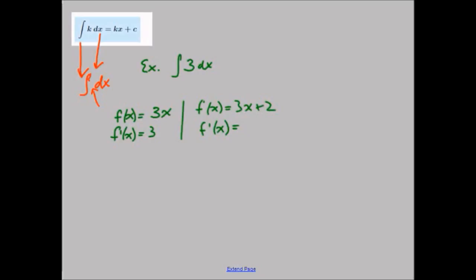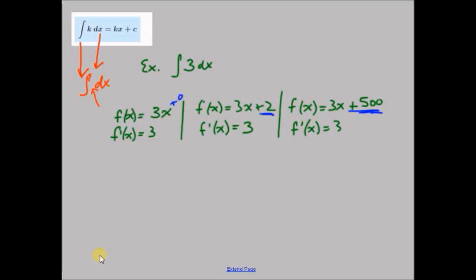The derivative of that function would be 3. If I had a function f of x equals 3x plus 500, the derivative would be 3. Basically, no matter what the constant number is out here, the derivative is 3.